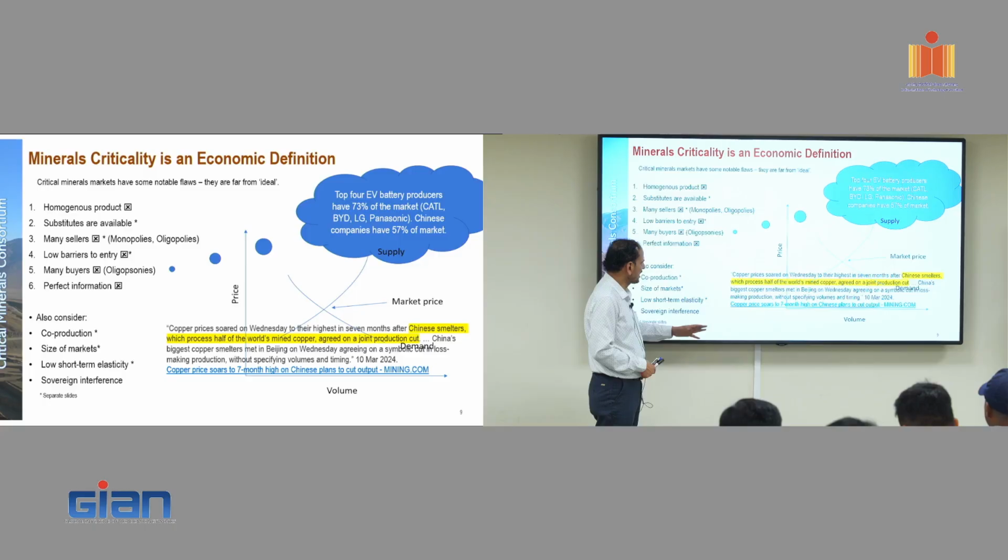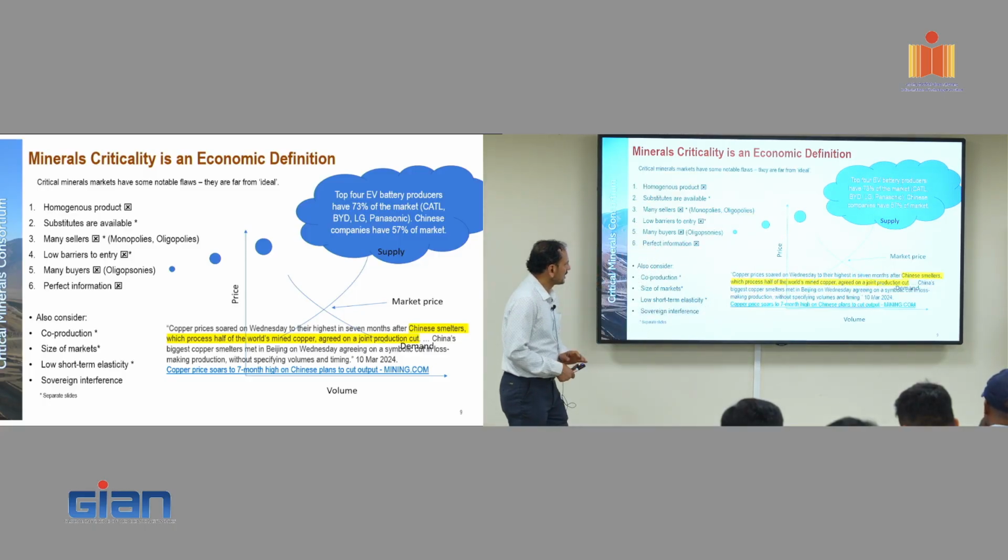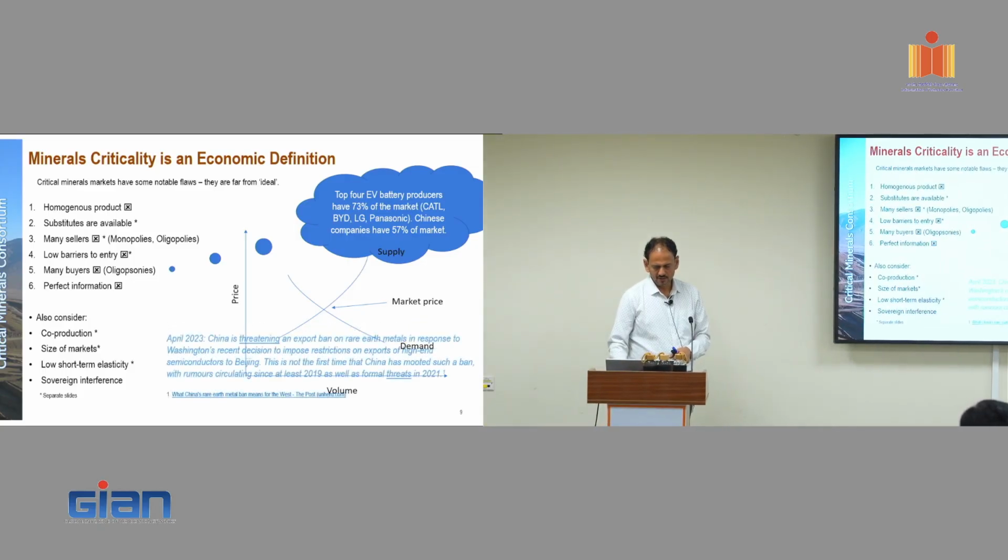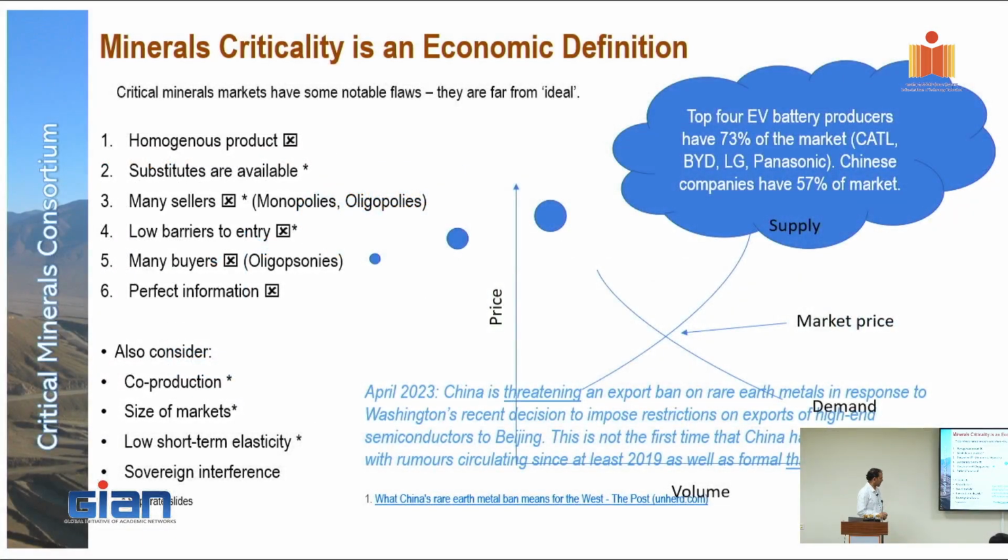That's one of the key geopolitical tectonic shifts. China is threatening an export ban on rare earths. Again, this was in 2003, but fast forward to February this year, and we are into the same problem. They use that instrument quite effectively and quite often.